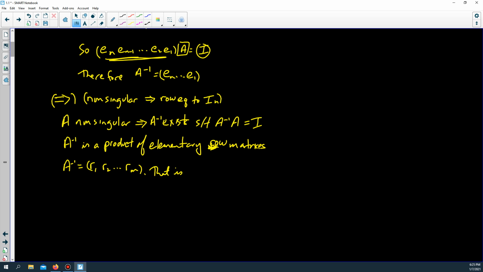Okay. That is, remember, A inverse times A is identity. That is R1, R2 up to Rm times A, because this is A inverse, is equal to the identity matrix.